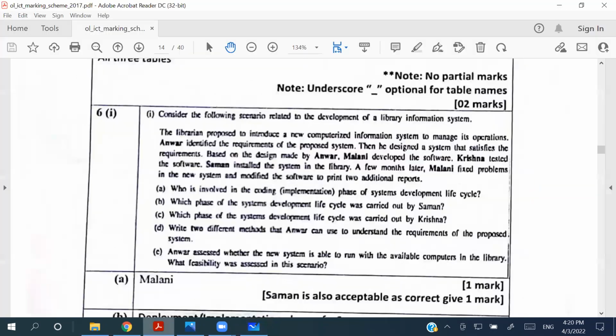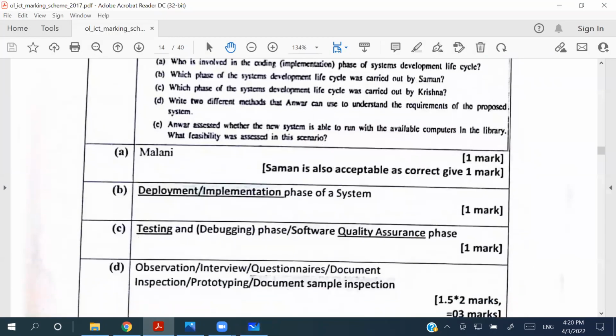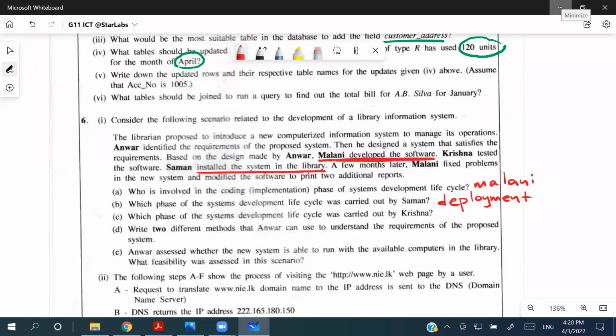So in the marking scheme, yeah, they have gone with those two answers. So part C, it is asking which phase of the system development life cycle was carried out by Krishna. So Krishna, what is doing? Tested the software. So simply it is testing. The testing phase.